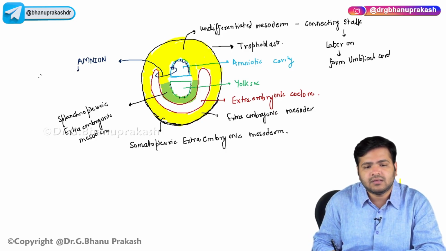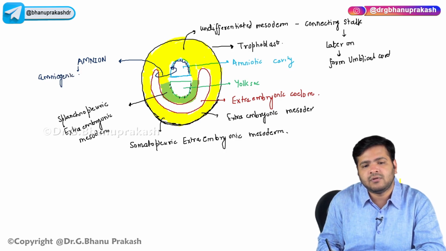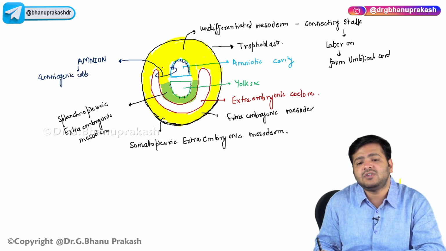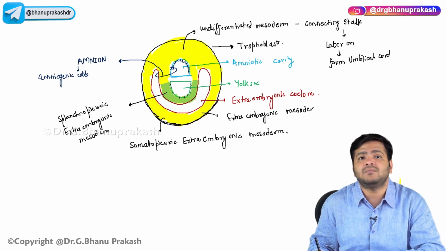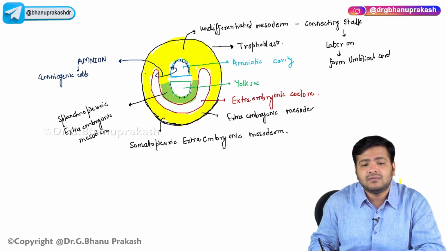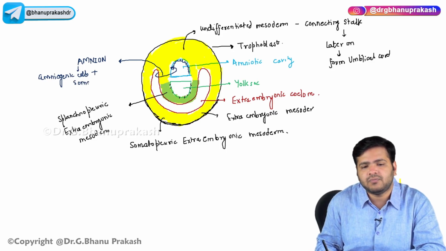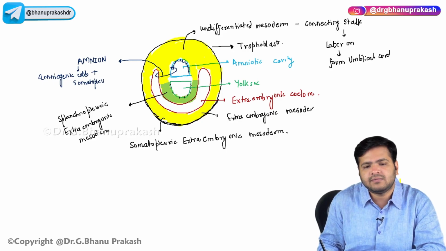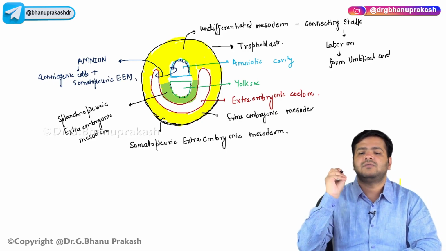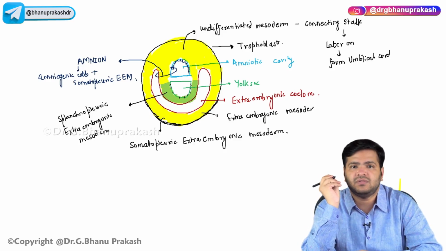So amnion, it is the amniogenic cells plus you can see which mesoderm is there, it is somatopleuric extraembryonic mesoderm. EEM I am writing. Somatopleuric extraembryonic mesoderm.